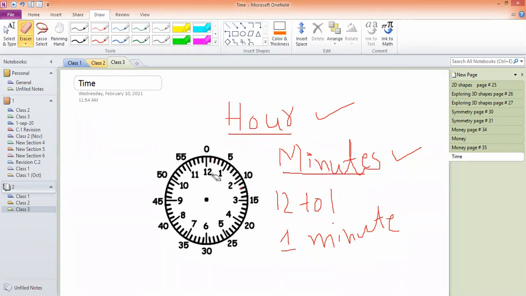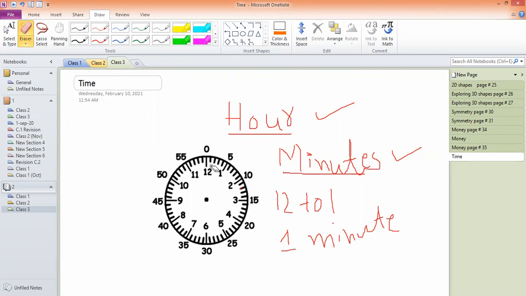Every interval between 12 to 1 is a minute. So you can see, guys, that this interval is showing 1 minute. If I ask you how many minutes are there from 12 to 1, that means it is 1 hour. Okay. But I'm not asking in 1 hour, I'm asking from 12 to 1, how many minutes are there?